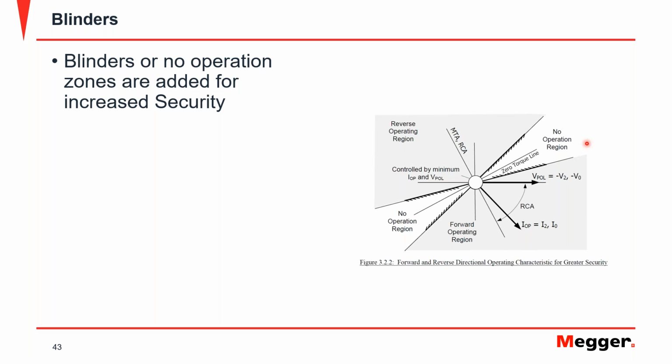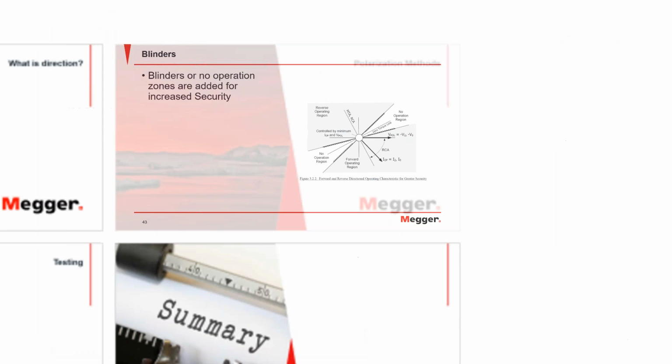Fortunately, in most microprocessor relays today, you can configure these no-operation regions, blinders. There are different names for those.